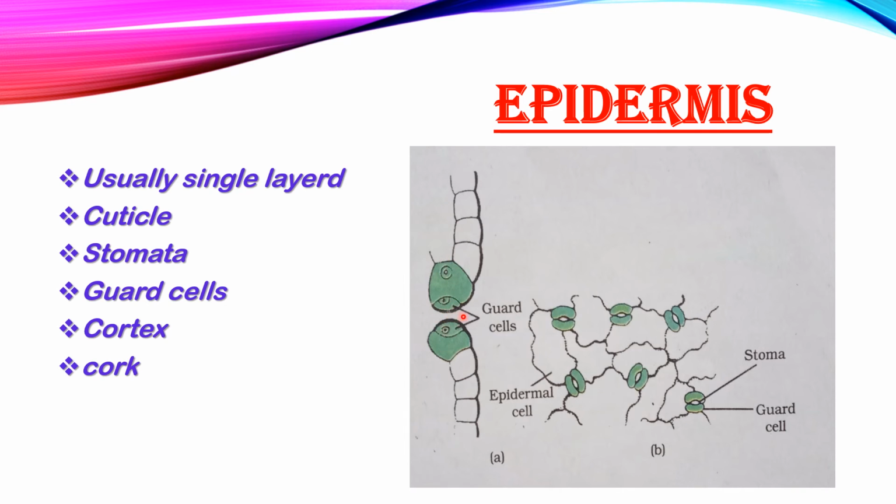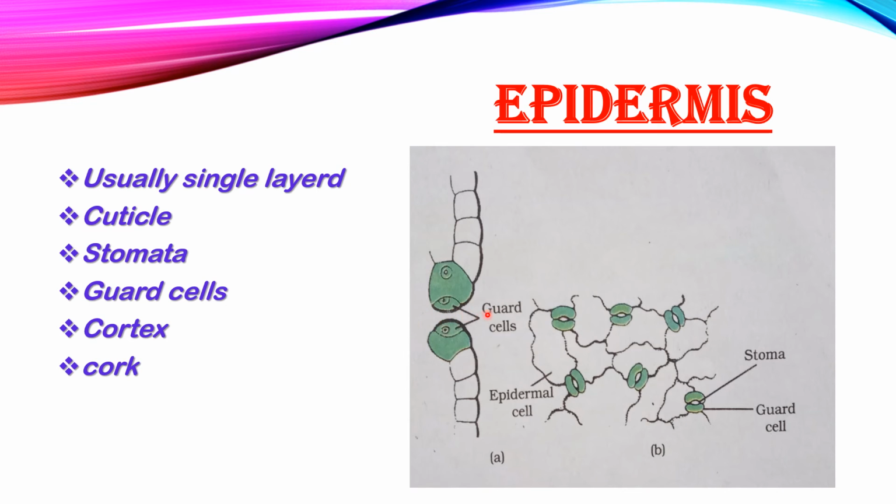The stomata are holes in the epidermis, controlled by these guard cells. Transpiration, the loss of water in the form of water vapor, occurs through stomata.